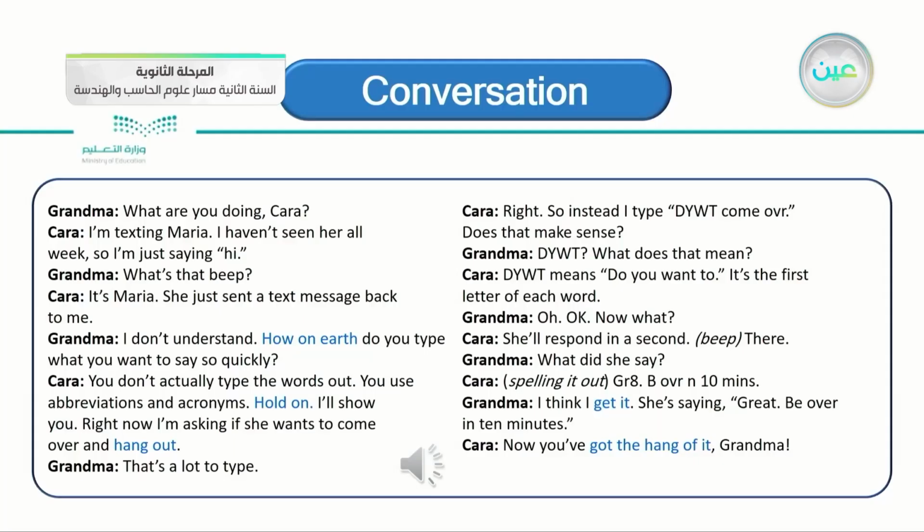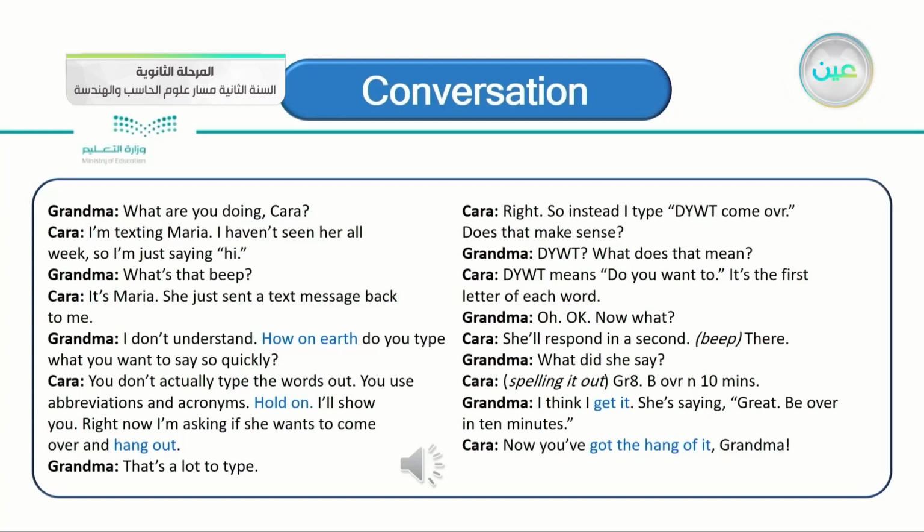Let's listen again. Grandma, what are you doing, Kara? Kara, I'm texting Maria. I haven't seen her all week, so I'm just saying hi. Grandma, what's that beep? Kara, it's Maria. She just sent a text message back to me. Grandma, I don't understand. How on earth do you type what you want to say so quickly? Kara, you don't actually type the words out. You use abbreviations and acronyms. Hold on, I'll show you. Right now, I'm asking if she wants to come over and hang out. Grandma, that's a lot to type. Kara, right.